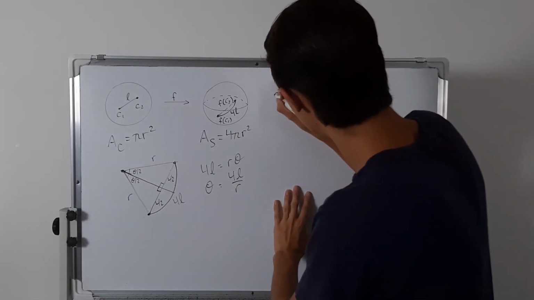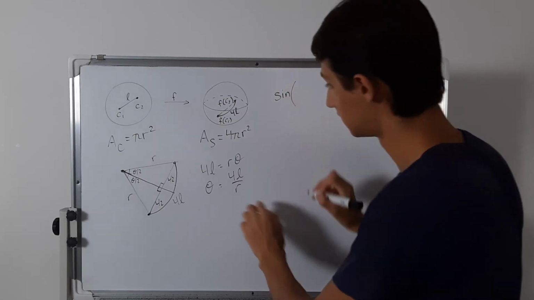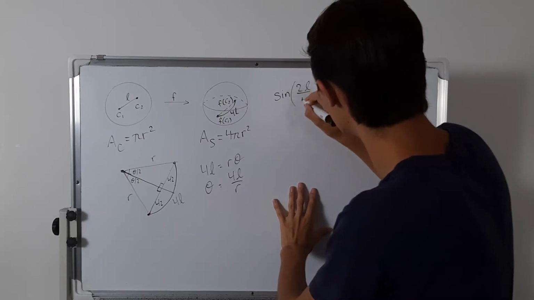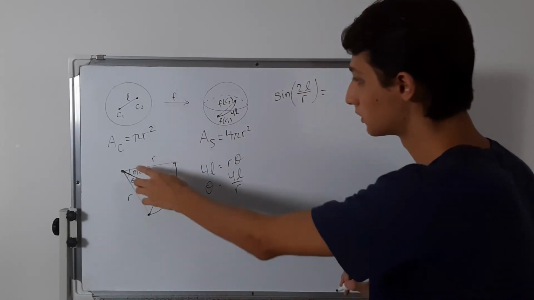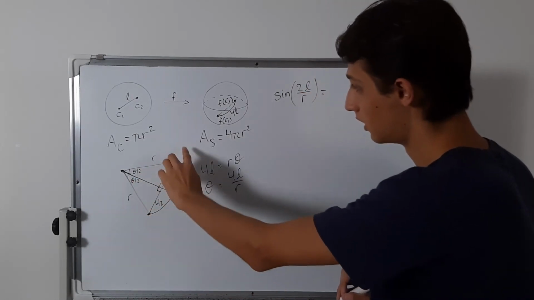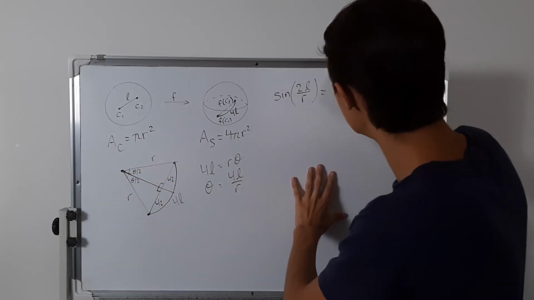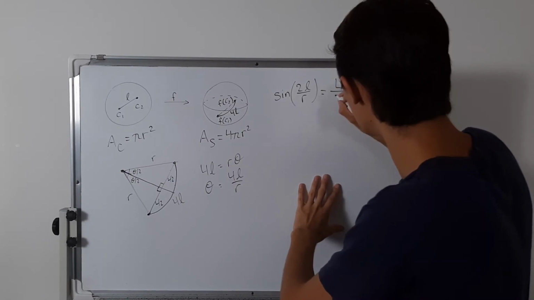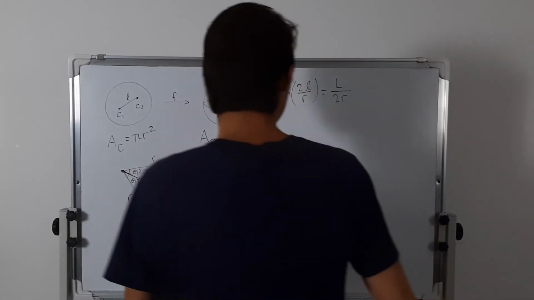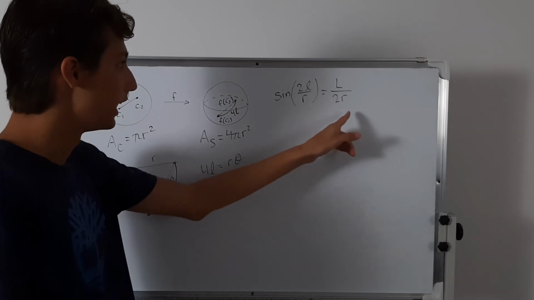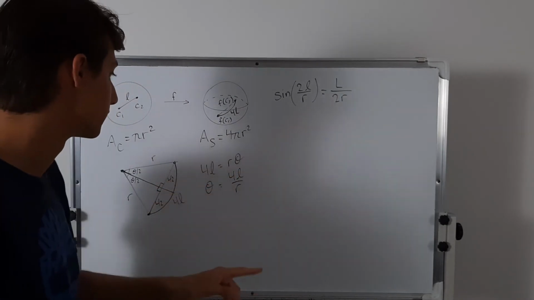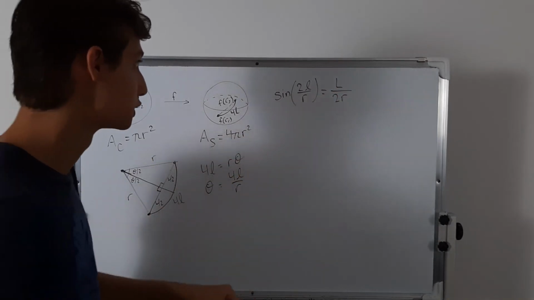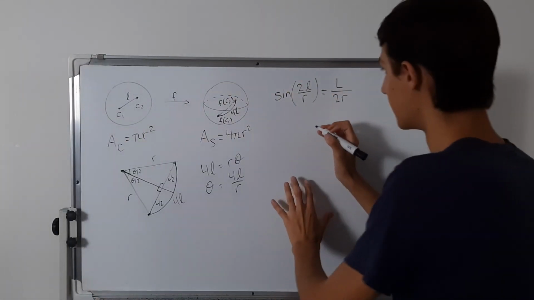So sine of theta over 2, which in this case is 2L over r, so 2 lowercase l over r, is equal to opposite over hypotenuse. That is going to be L over 2 divided by r, or we can write it as capital L over 2r. Now what we really want to find is capital L. But I want to show first what capital L over 2 is.